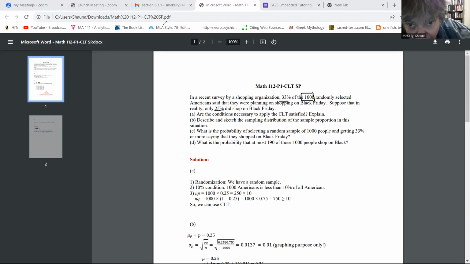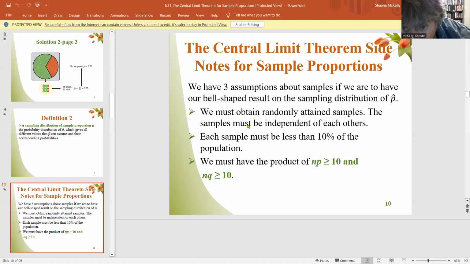I'm going to bring up the assumption one more time. First assumption, we must obtain randomly attained samples. The samples must be independent of each other. That means that when you take your sample, every element of the sample, every person, every box, whatever you're sampling, has to have an equal chance of being selected, and they have to be independent of each other.